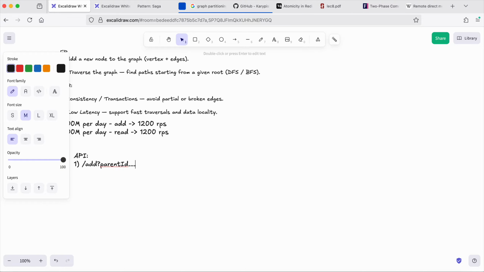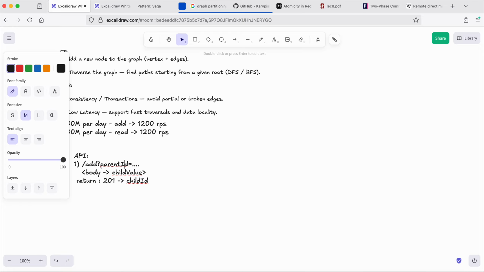We may customize the identifier, but let's say that it's a parent ID, and here in the body we should add the child value. This should return the response 201 and some child ID or record ID. That's fine.